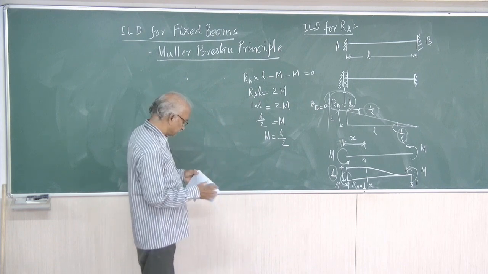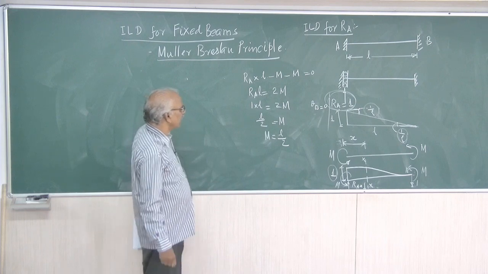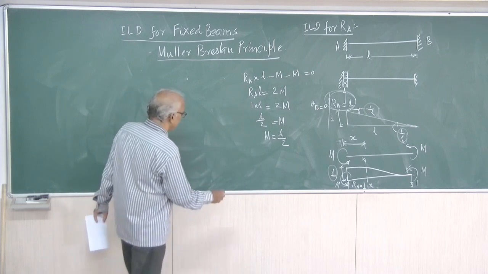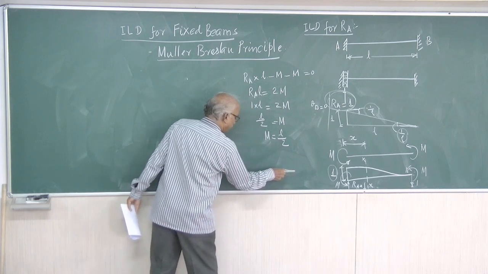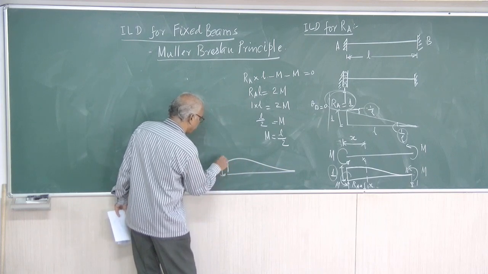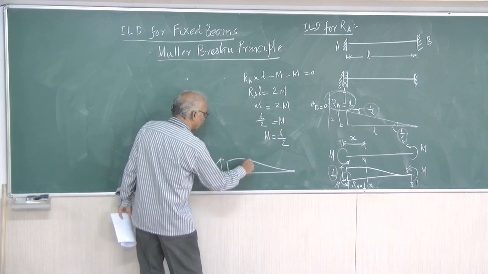Now, actually, according to the Muller-Breslau principle, this has to be 1. Initially, we will not be able to apply this y equal to unity.